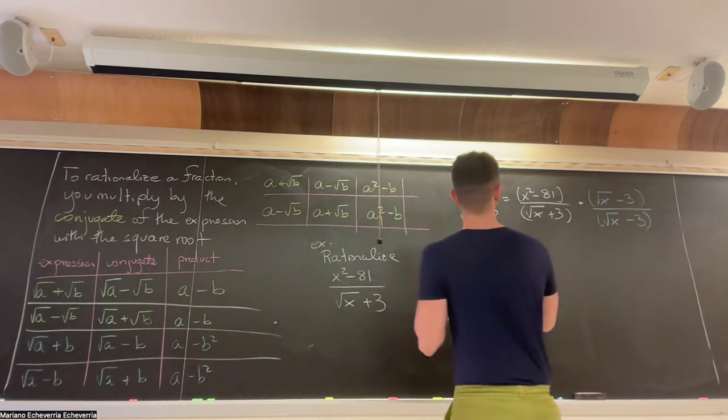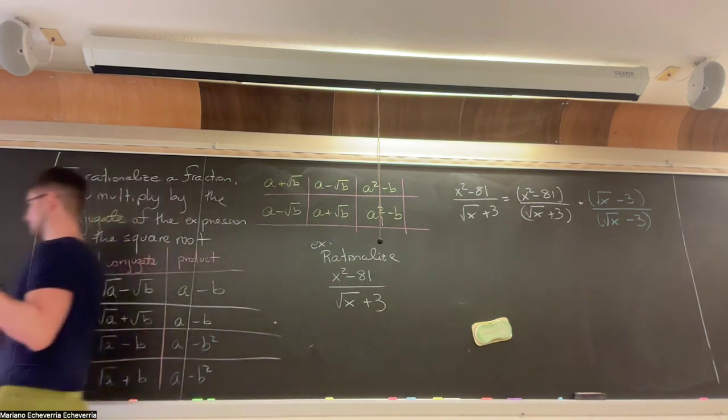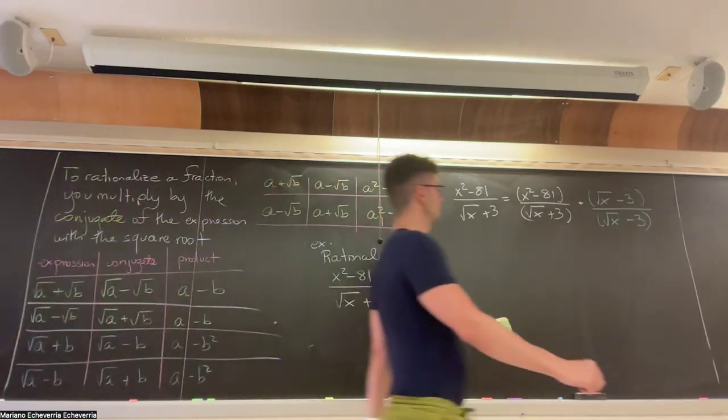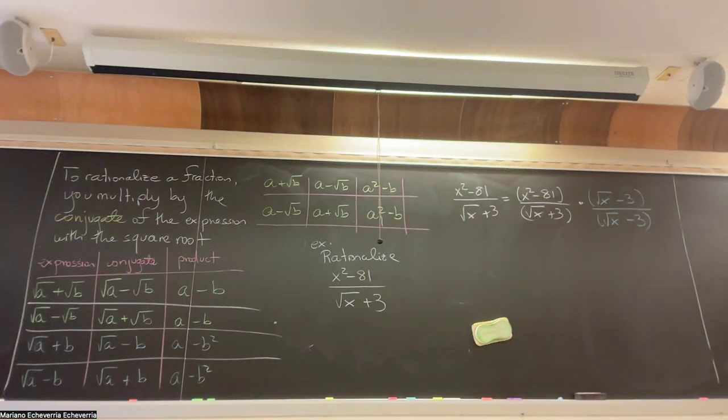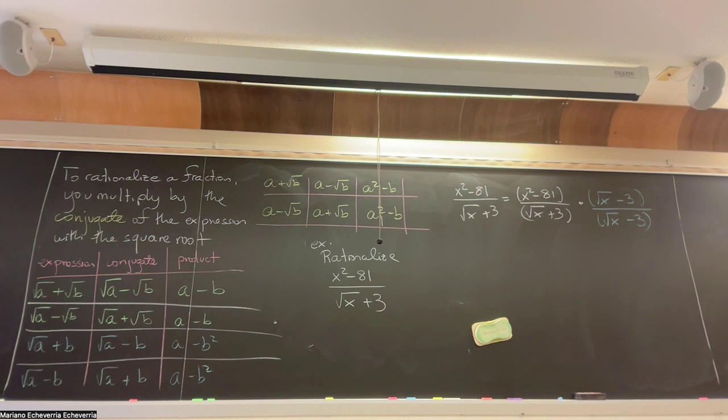Again, root of x minus 3 is what's called the conjugate of root of x plus 3. So you multiply and divide by the conjugate just to leave the expression the same.